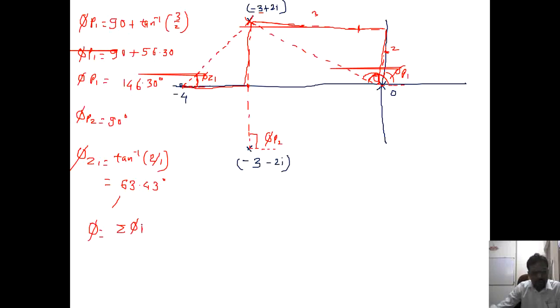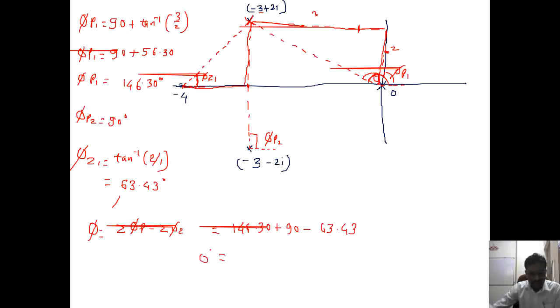Okay, now phi is summation of angle made by pole minus summation of angle made by 0. So summation of angle made by pole is 146.30 plus 90, minus summation of angle made by 0, which is 63.43.